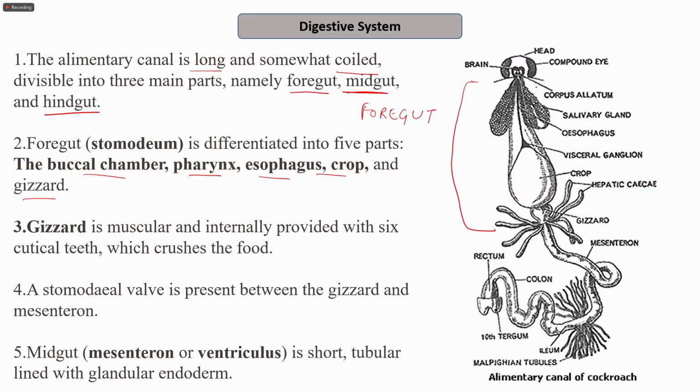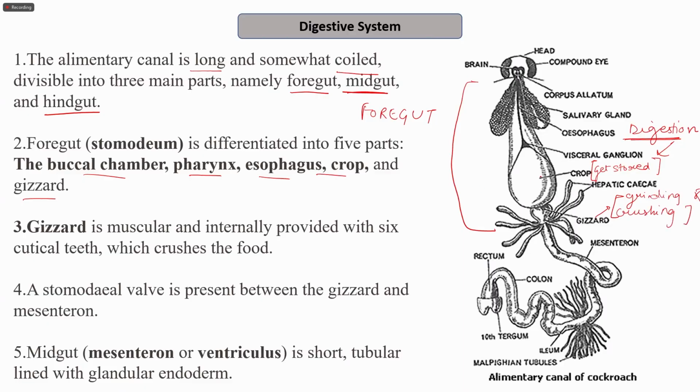Food enters through the buccal chamber and through the esophagus reaches the crop. The crop is the region where the food gets stored, and here mostly digestion happens. The gizzard is the place where grinding and crushing of the food happens.